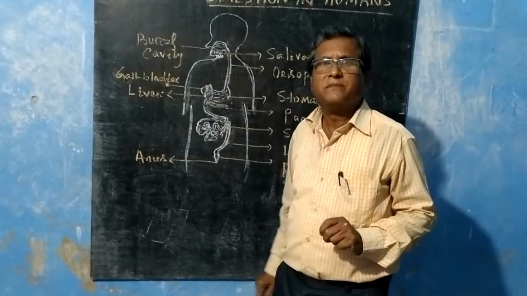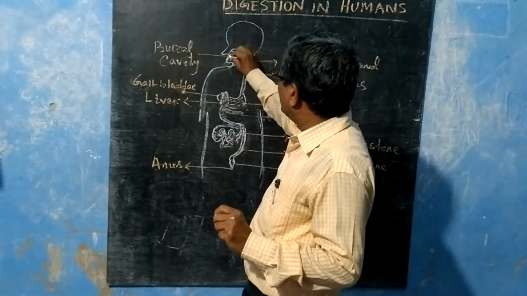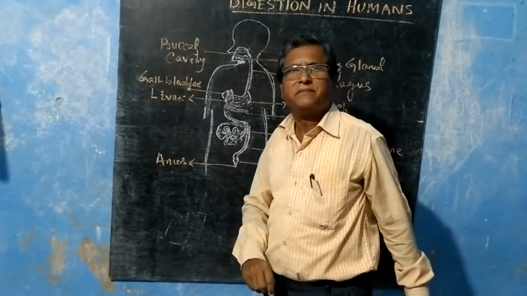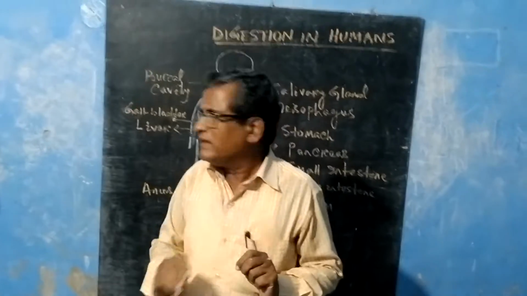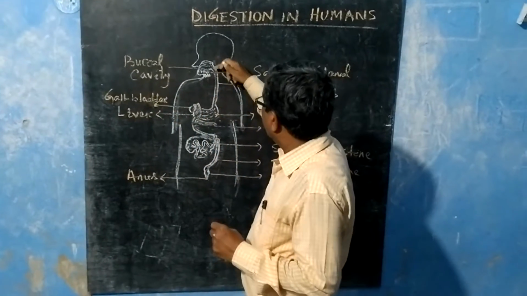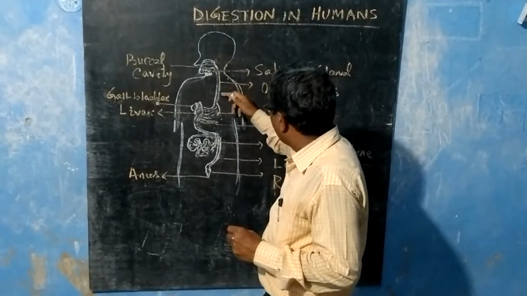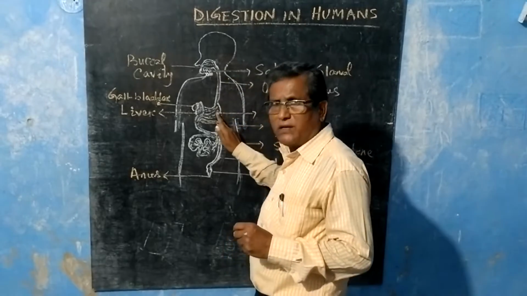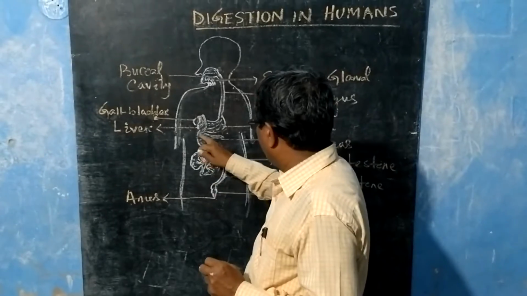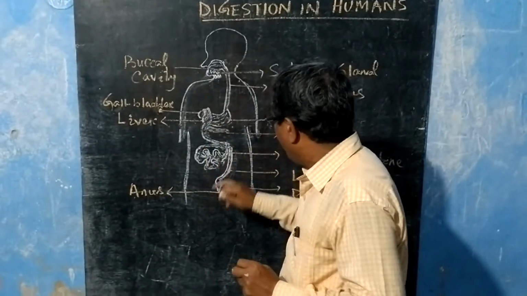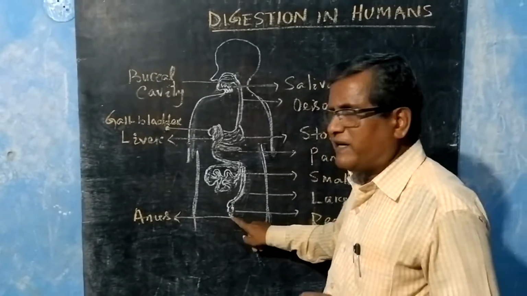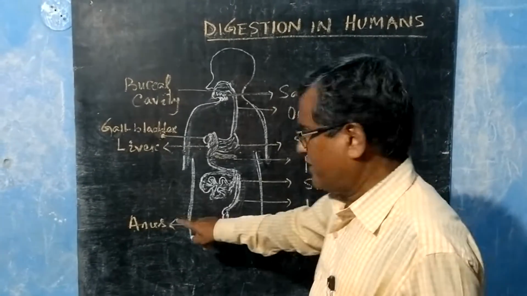Look at the diagram. This system starts with the buccal cavity and ends at the anus. So what are the parts? First the buccal cavity, otherwise called the mouth cavity, then the long food pipe, called the esophagus, then the stomach, a U-shaped sac or bag, then the small intestine and large intestine, and the end part is called the rectum, and finally the anus.